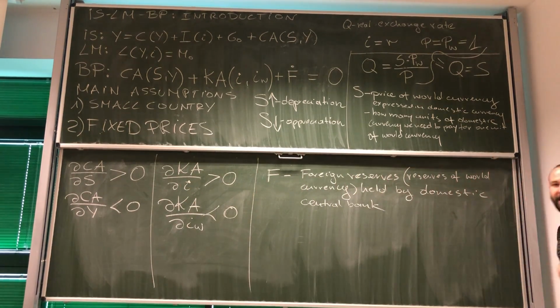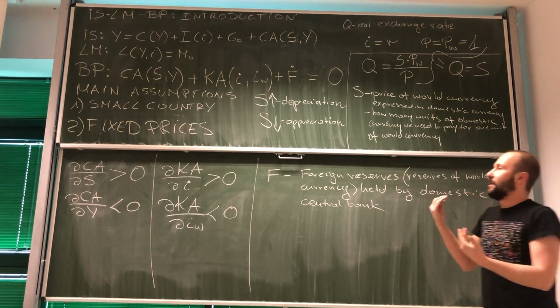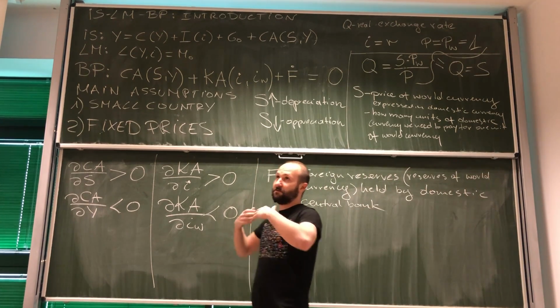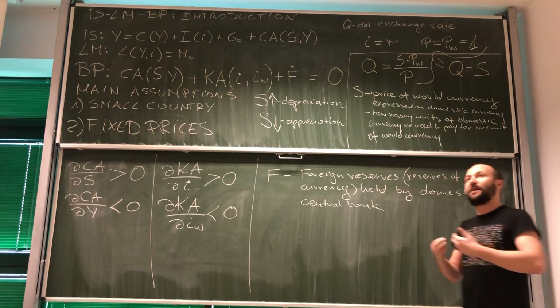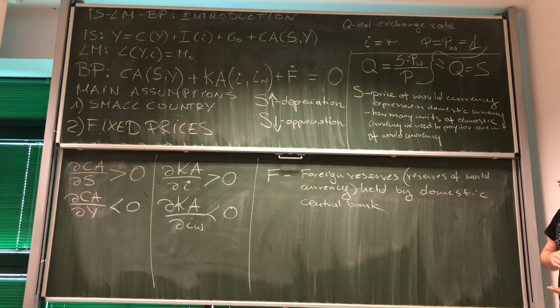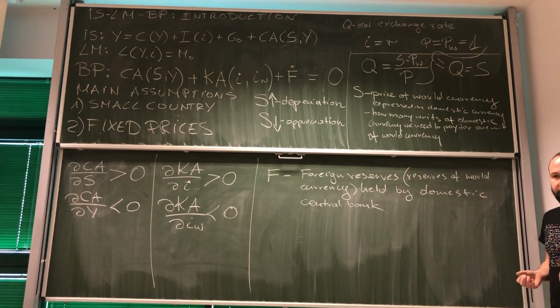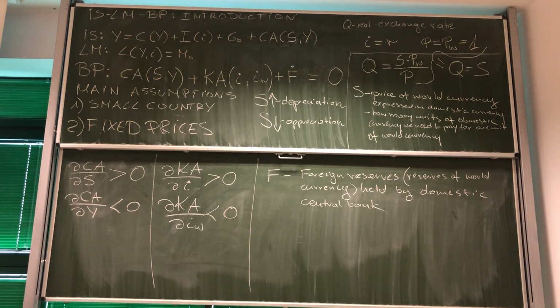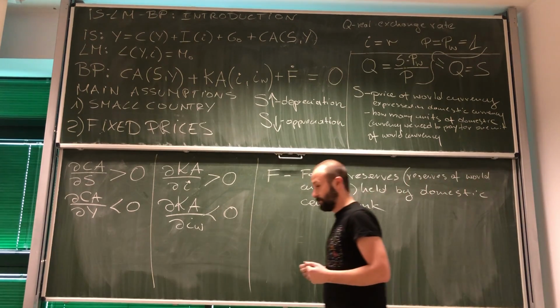So if the central bank would like to devalue our currency, what could it do? It could take foreign currency from the market and pay for it with domestic currency.